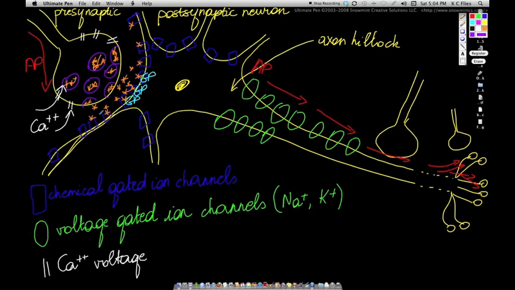The more neurotransmitters bind, the longer our chemically gated blue ion channels will remain open, and therefore the more and more graded potentials will begin to generate. Now, as a graded potential forms, this graded potential will immediately start traveling away from the source of origin.